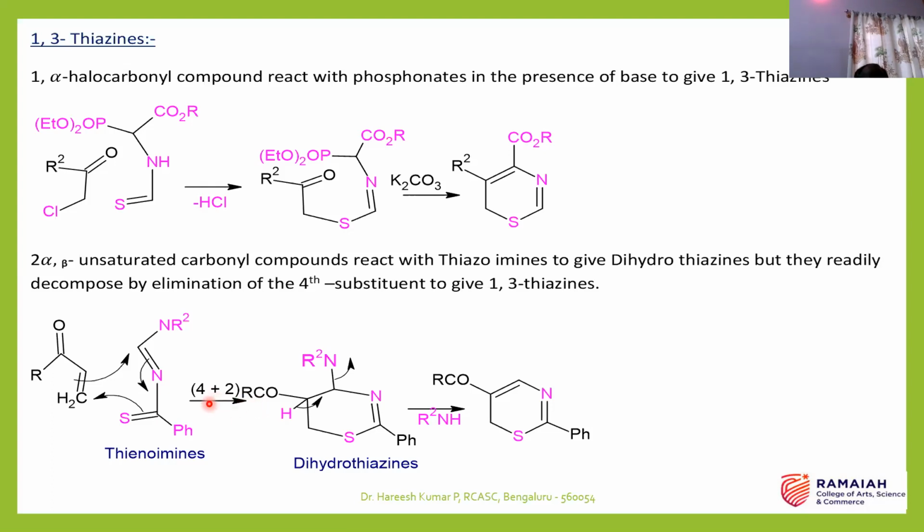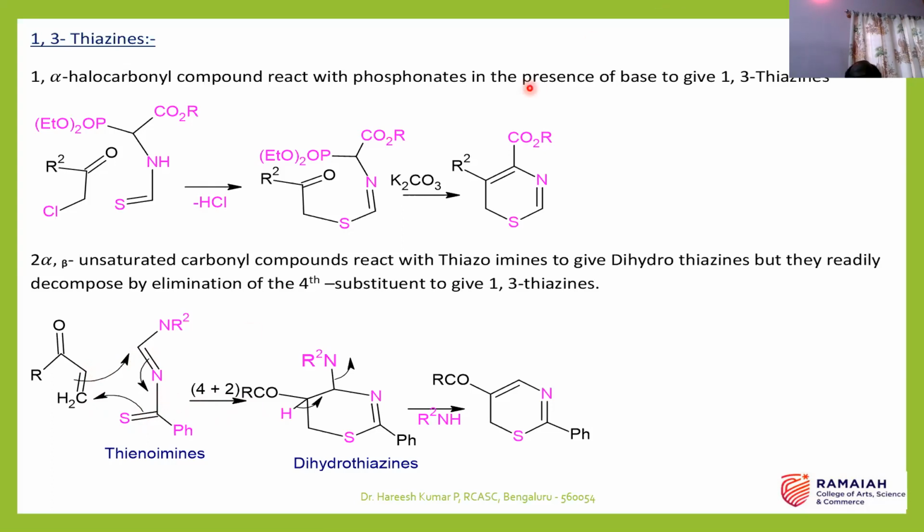This is also a pericyclic reaction. There will be a new bond formation between this sulfur and this carbon, and this carbon and this carbon, and there will be a new double bond formation.